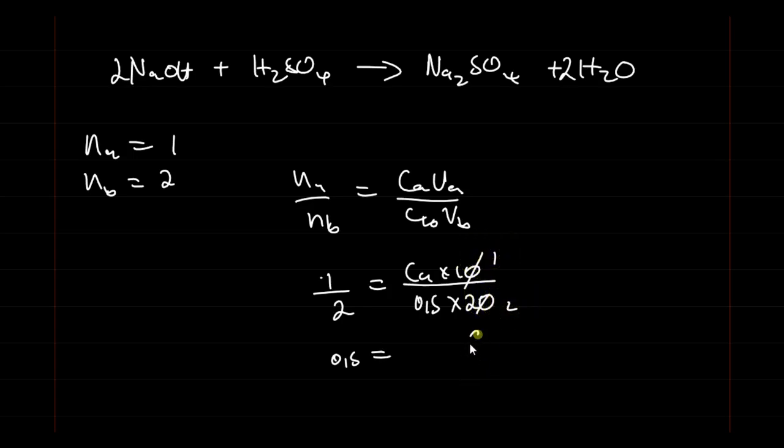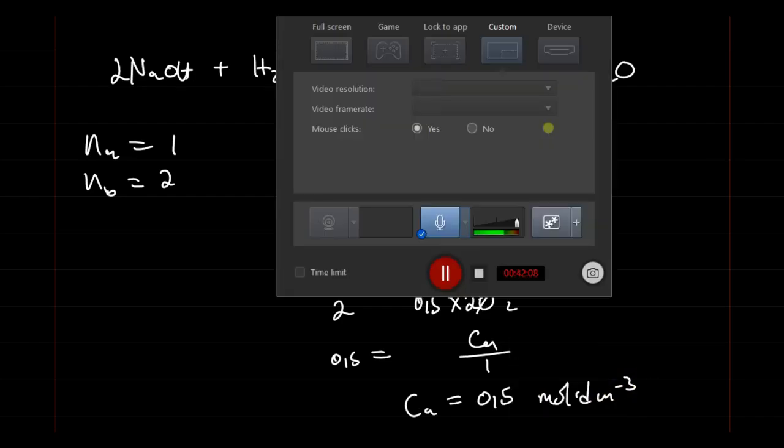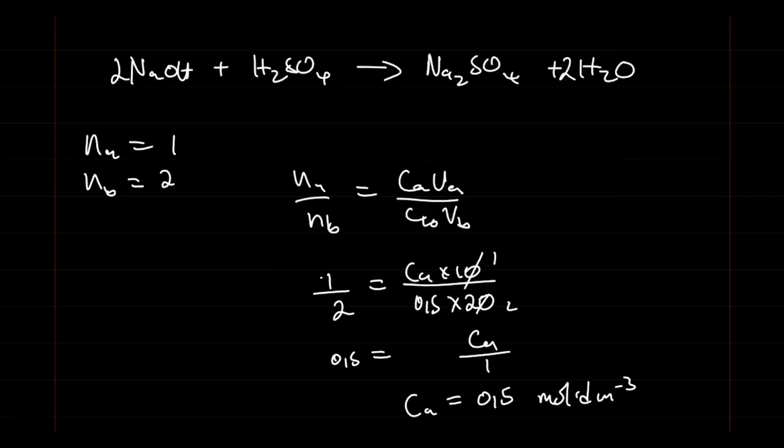So I have Ca over 0.5 times 2, which is 1. So Ca divided by 1, and the concentration of the acid is also 0.5 mole per decimeter cube.